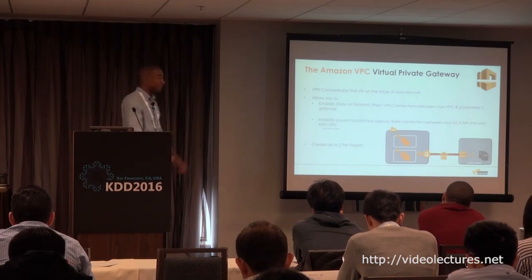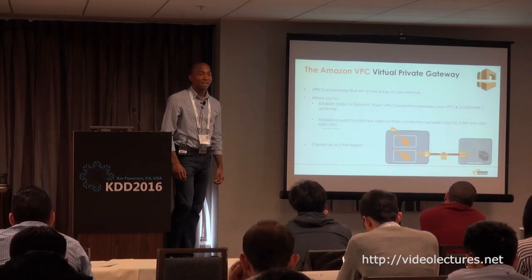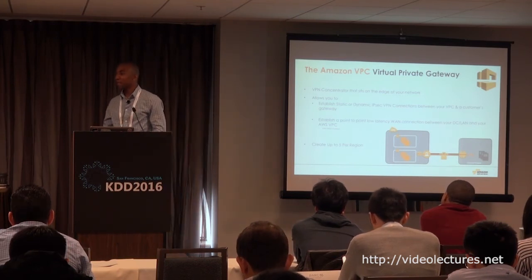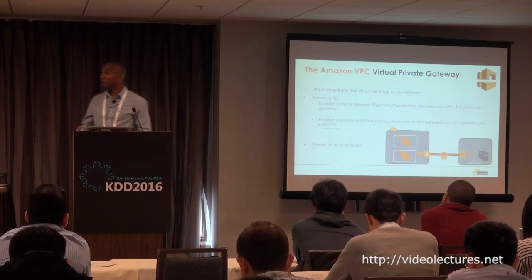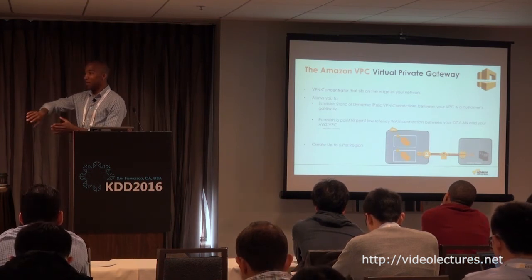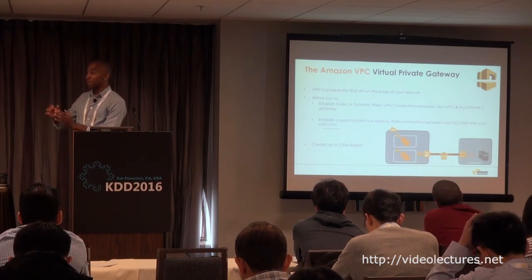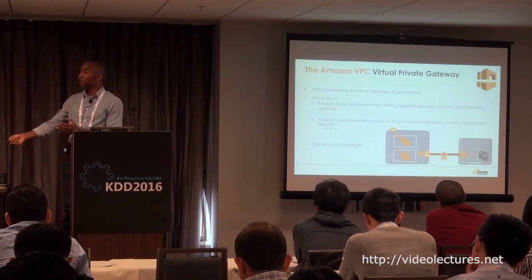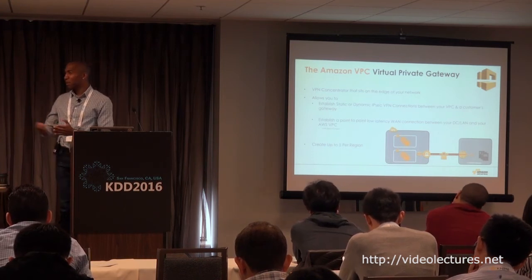The virtual private gateway. So we spoke about IPsec tunnels and access to the internet, but we also spoke about taking away the internet access from your private subnets altogether and allowing you to create a VPN tunnel to your local network. But what is that VPN tunnel going through?